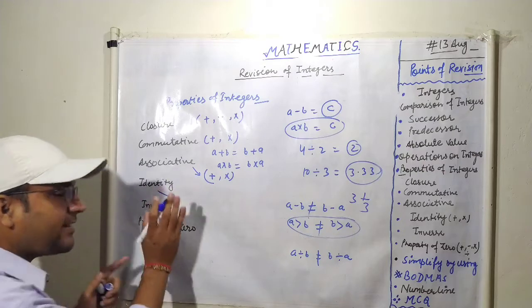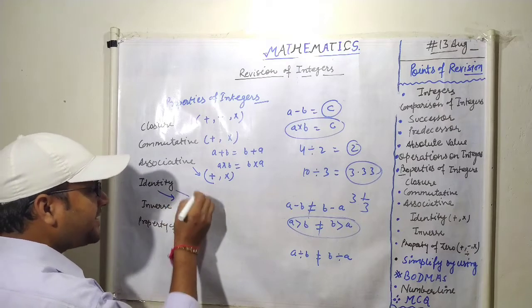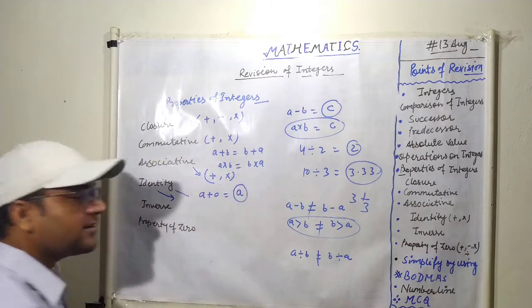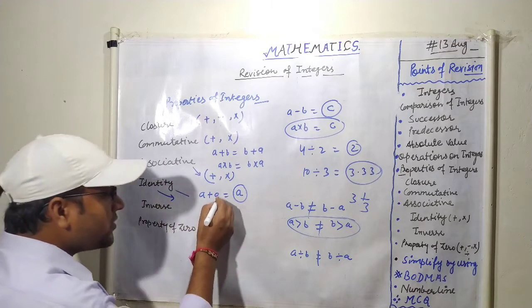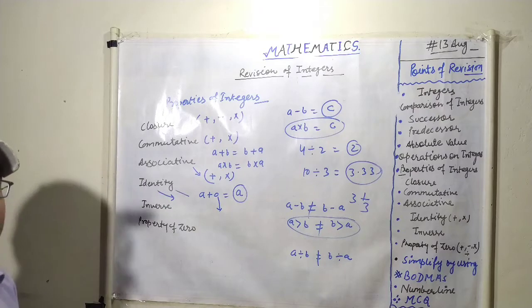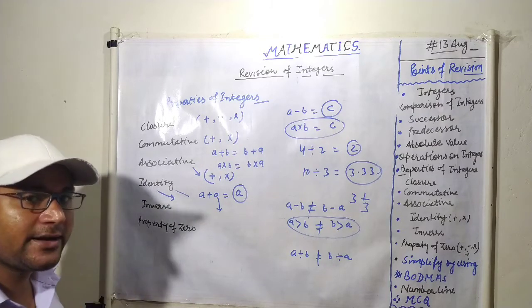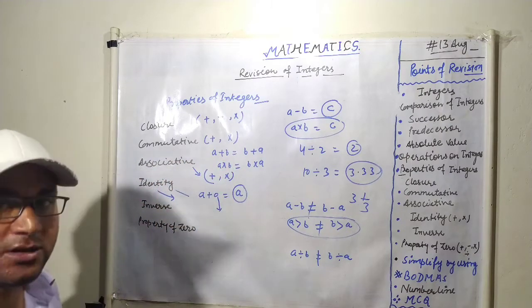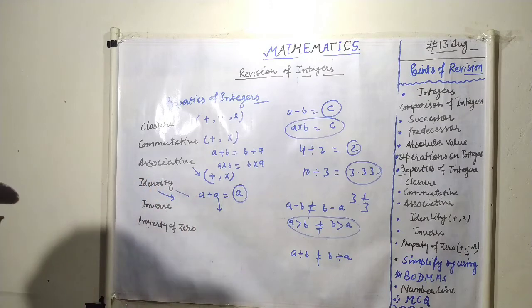For addition, a plus 0 is equal to a, meaning you get the same value. That is known as an identity. So 0 is called the additive identity, because by adding 0 to the given integer, there is no effect on the value.